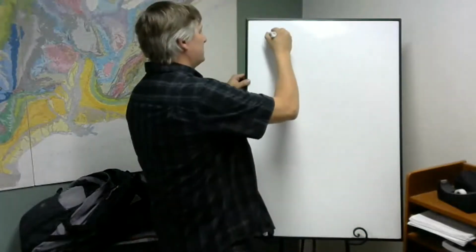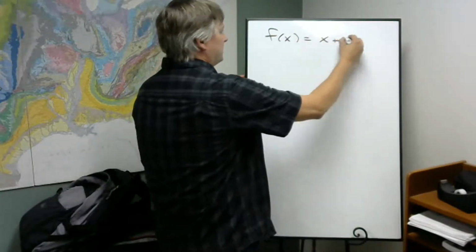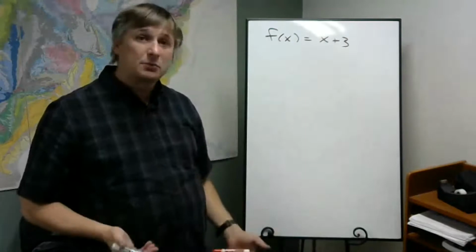So reduced, we have f of x is now x plus 3. That's the reduced version.